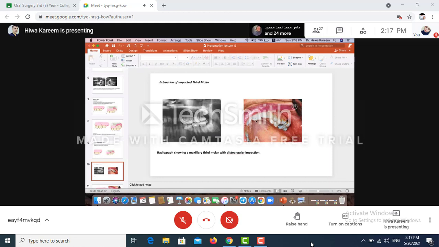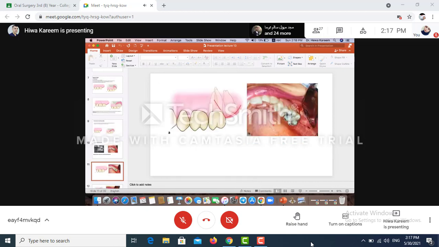This is the clinical view. After that, make the incision from the maxillary tuberosity and distal to the second molar, like this incision.